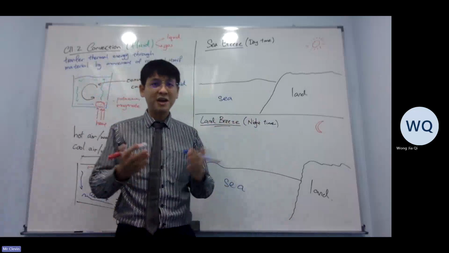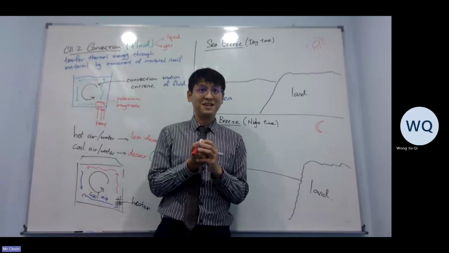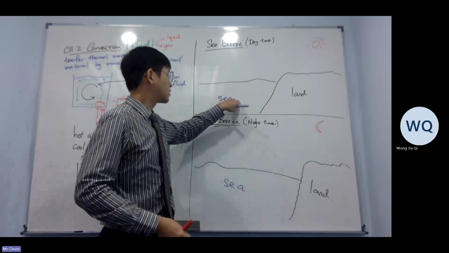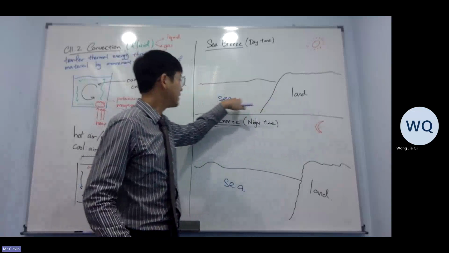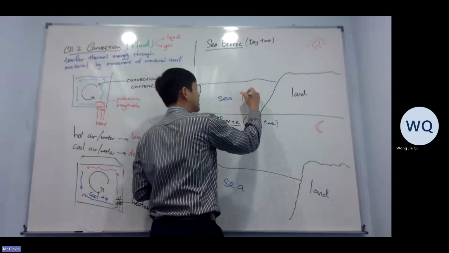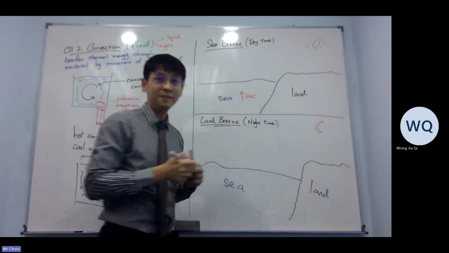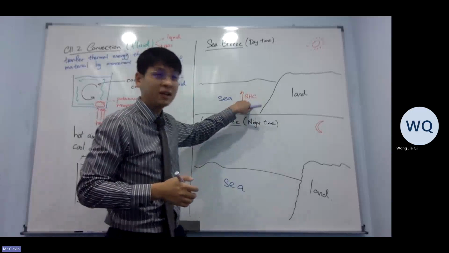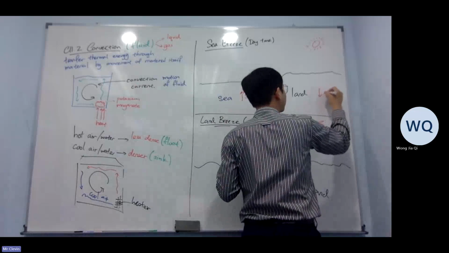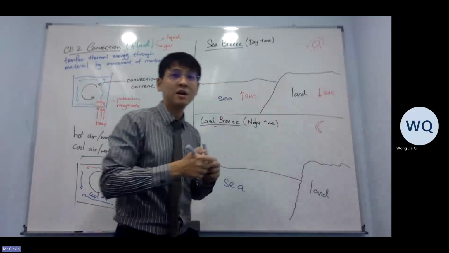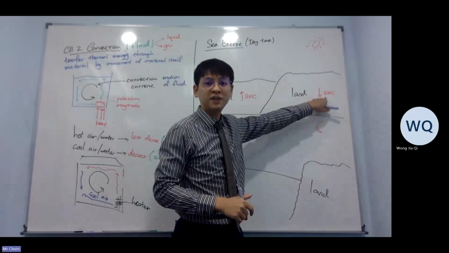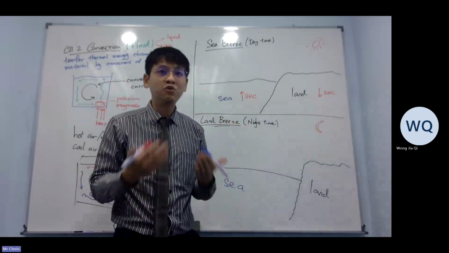Now, logically thinking, you guys have learned your specific heat capacity, right? When we talk about water and solid, we know that water will have a higher specific heat capacity, right? Because it can absorb more heat. The land will have a lower specific heat capacity, correct? When you have a lower specific heat capacity, what does it mean for your heat?